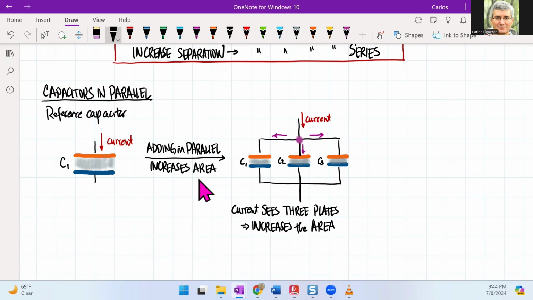So when I look at this, the effective circuit now looks like this. I tried to draw each of the orange lines as one square.